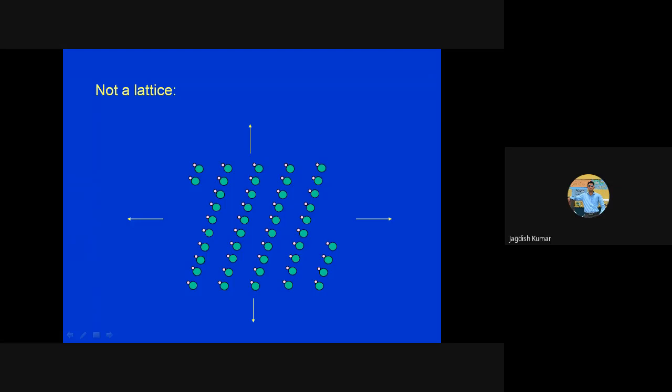Any response, right or wrong, oral or typed, you can put it in the chat box or speak out. Why is it not a lattice? I can't hear anyone. I can't see any response. Because it's not perfectly symmetric. Very good, Ankush. I saw some response. Any other response? Fine. What else?